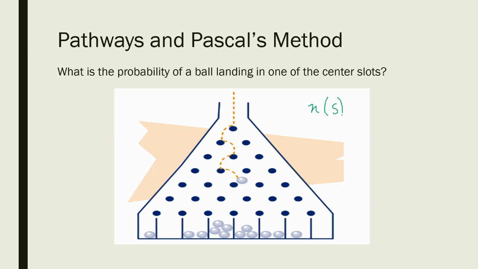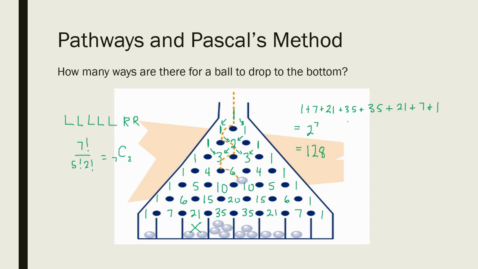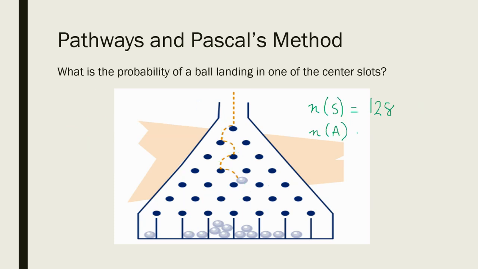So we think of all the different possibilities, 128 ways to reach the bottom. Of those ways to reach the bottom, if we just flip back, 35 and 35, 70 ways there was for the ball to reach the center 2 slots. There were 70 ways, right? These are the center slots here.